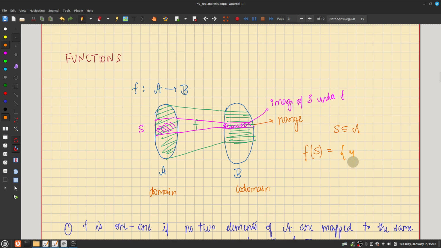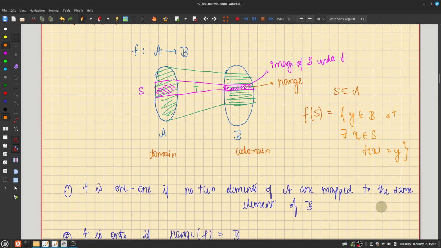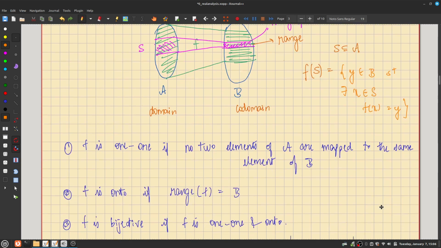So it is a set of all y in B such that there is at least one x in S with f(x) equal to y. Okay, so right now we're just getting used to the mathematical formalism, just introducing some terminology and definitions.